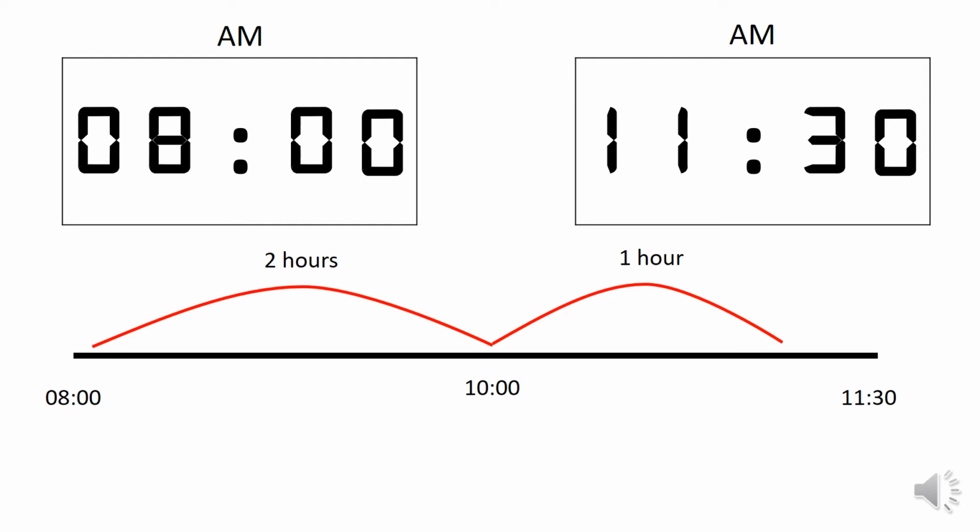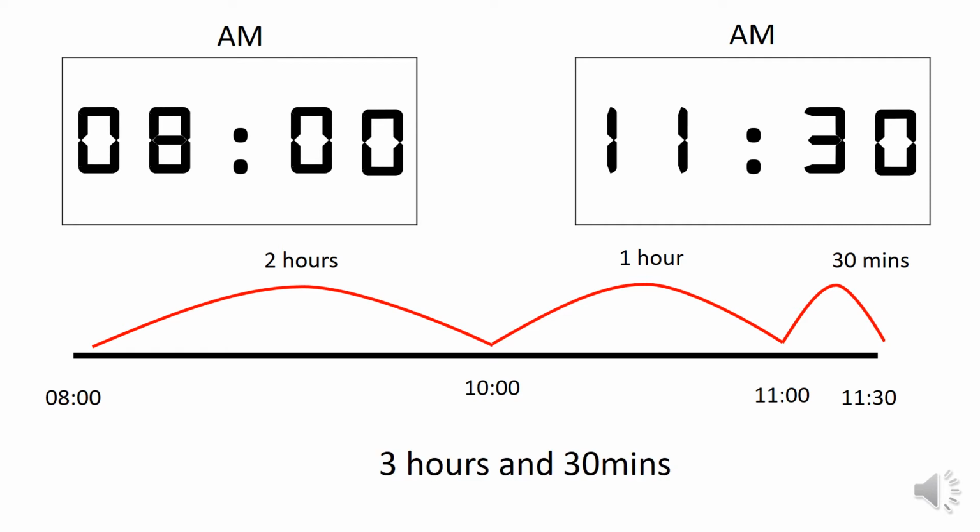I then might jump on another hour, which gets me to 11 o'clock. And then I could jump on 30 minutes, which will get me to 11:30. I then add up the time I have, so 2 hours plus 1 hour plus 30 minutes, leaving me with 3 hours and 30 minutes of elapsed time.